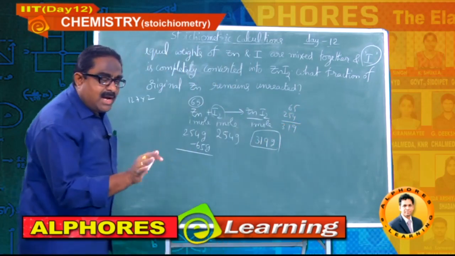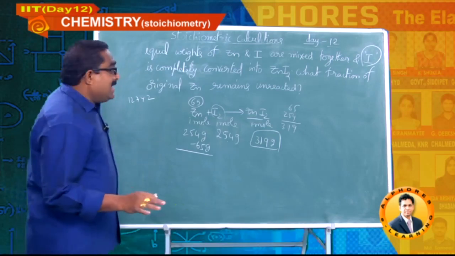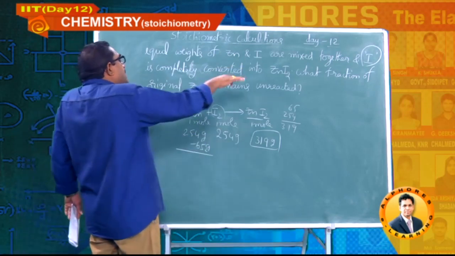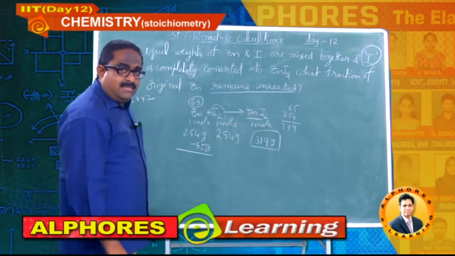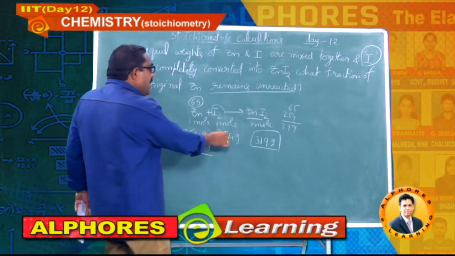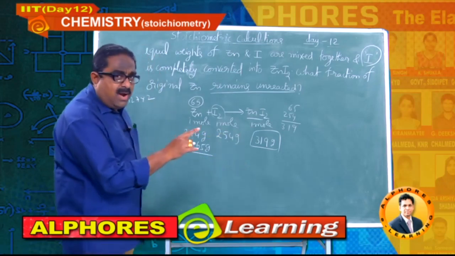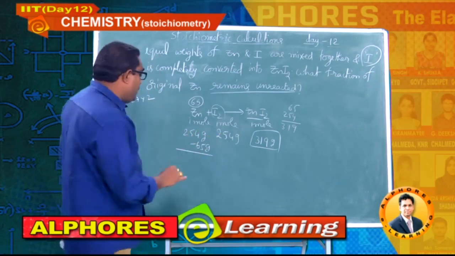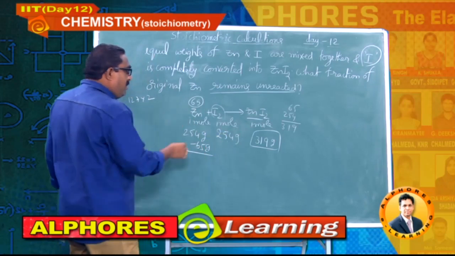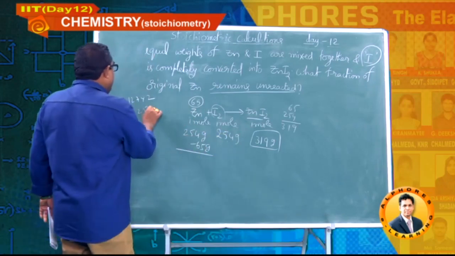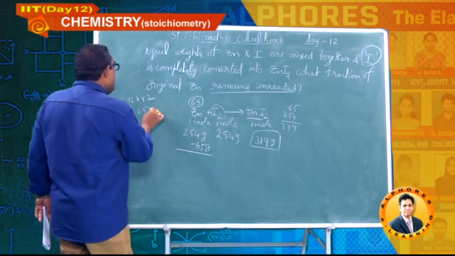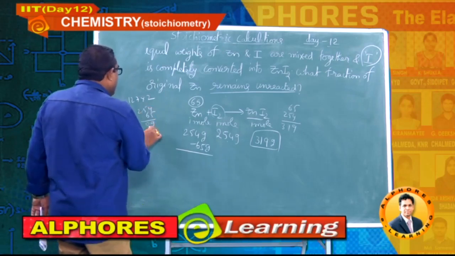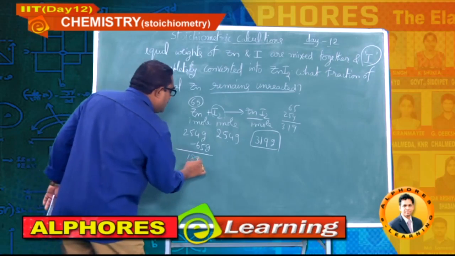That is not what the question asked us to calculate. He is asking what fraction of original zinc remains unreacted. Here I have taken zinc and iodine both as equal, that is 254 grams. So out of 254, how much is left? 254 minus 65, 189 grams is left.